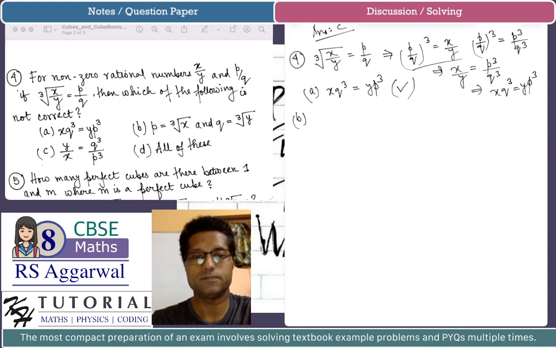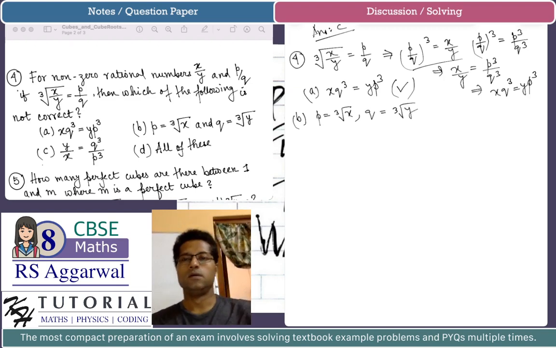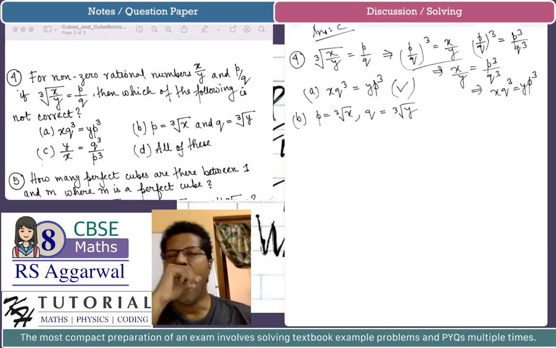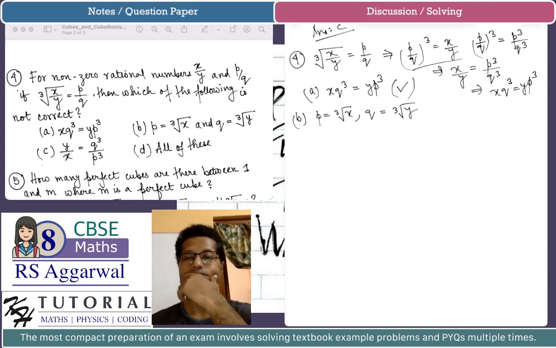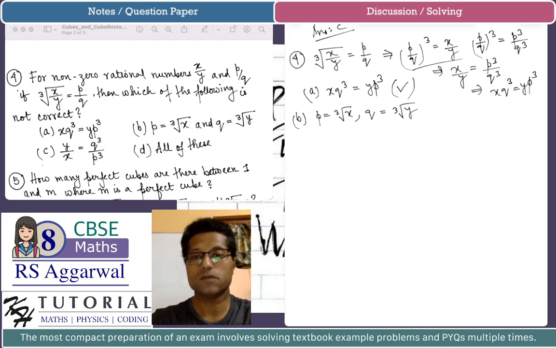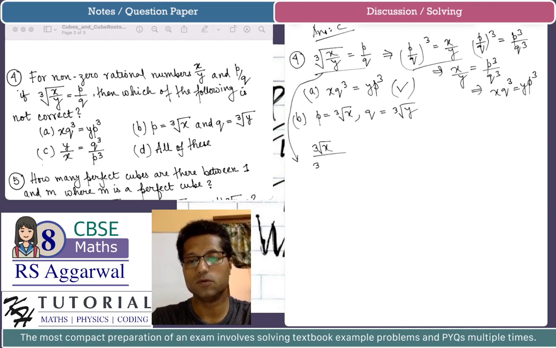B is saying that p is equal to the cube root of x and q is equal to the cube root of y. Now from this fact, we can say the left hand side can be expressed as the cube root of x by y is equal to the cube root of x divided by the cube root of y.